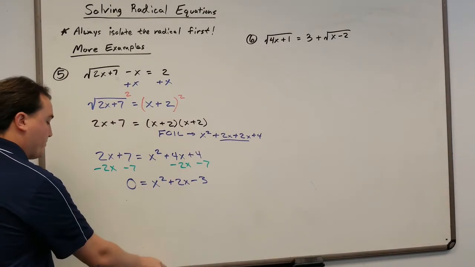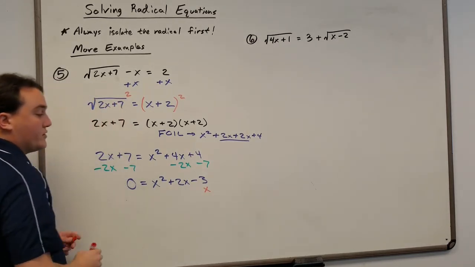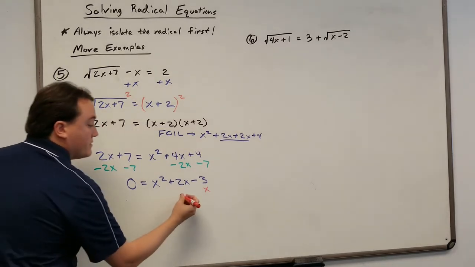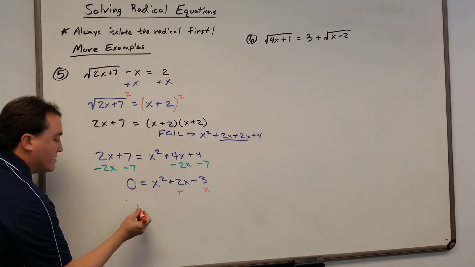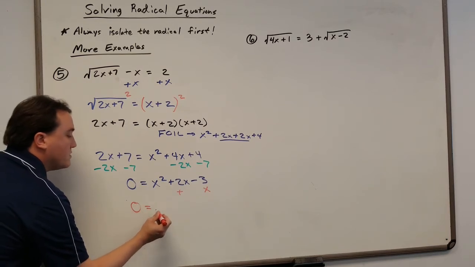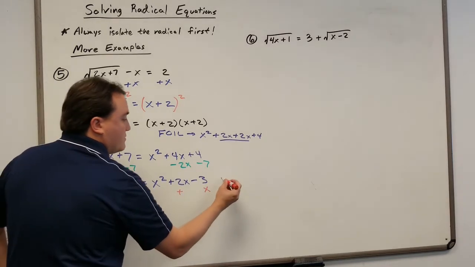All you have to do is try to think of two things that multiply to equal negative 3 that add up to positive 2. So we get 0 equals, what multiplies to equal negative 3 that adds up to 2?